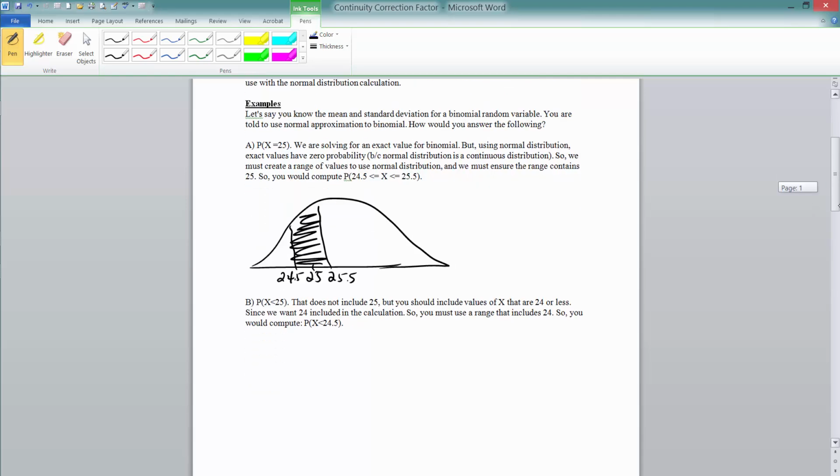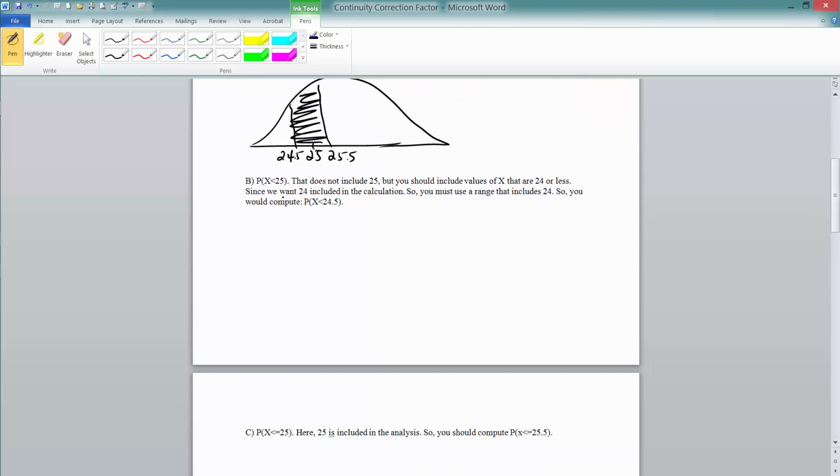Now, the next one says probability that x is less than 25. Now, remember, x being less than 25, we're not working really with a normal distribution. This is a binomial distribution, which is discrete. So x less than 25 means probability that x is less than or equal to 24, because the number less than 25 would be 24. So 24 or anything less than that.